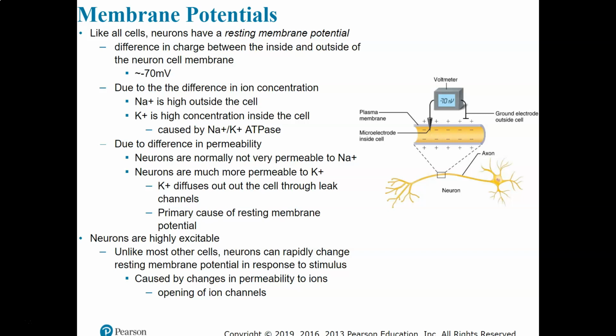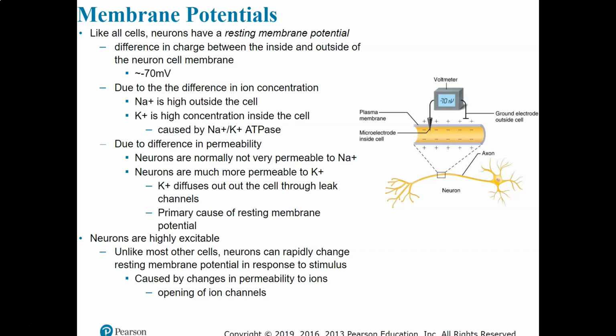Instead, the cell membrane, remember, is going to be impermeable to ions except through ion channels. And so the cell can control how permeable it is to an ion and which ions it's permeable to.